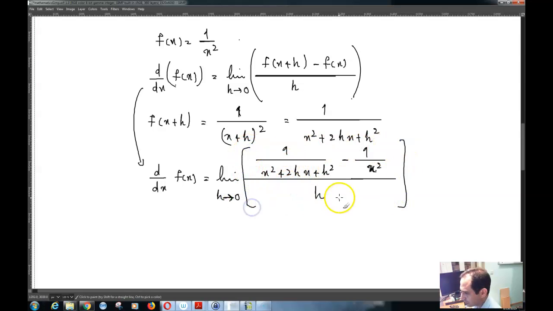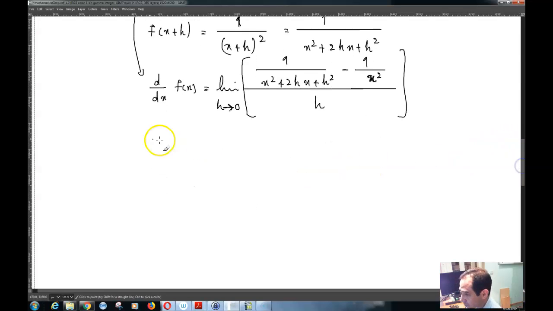Okay, and so that is equal to the limit of basically x squared plus 2 times hx plus h squared times x squared.